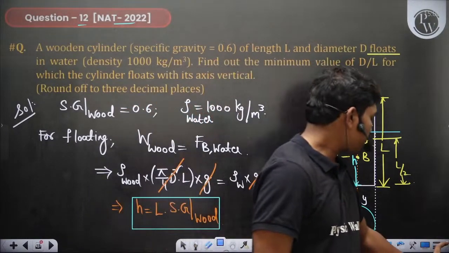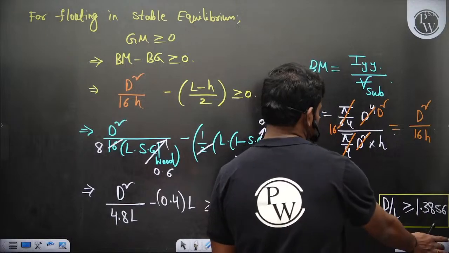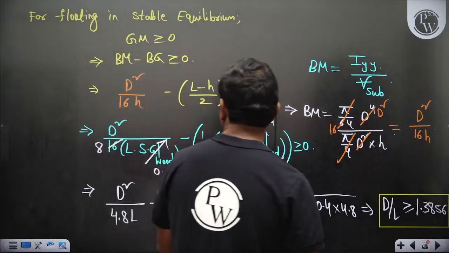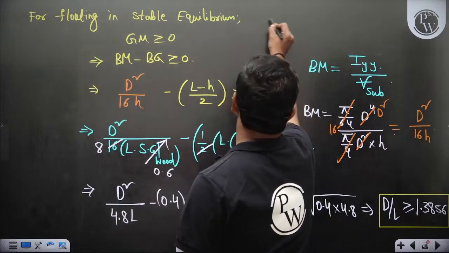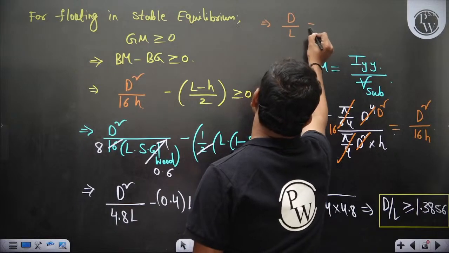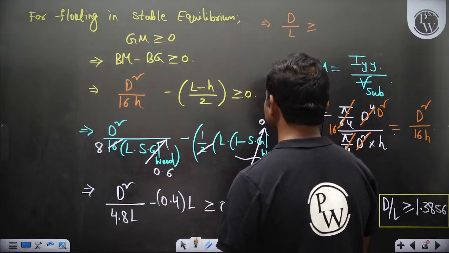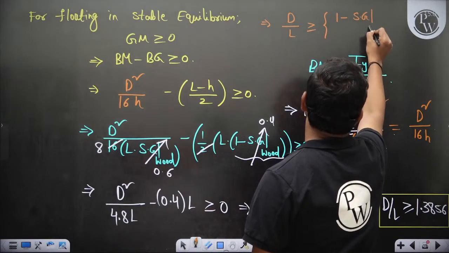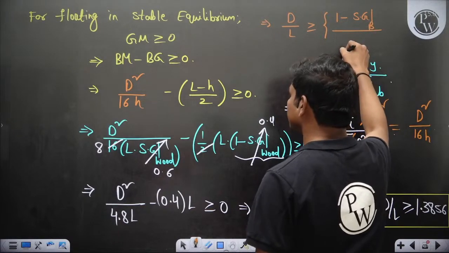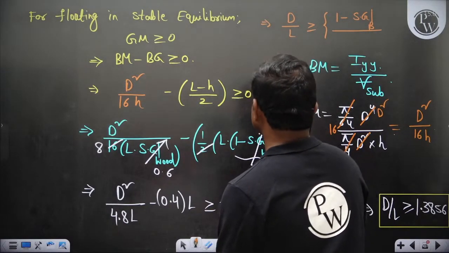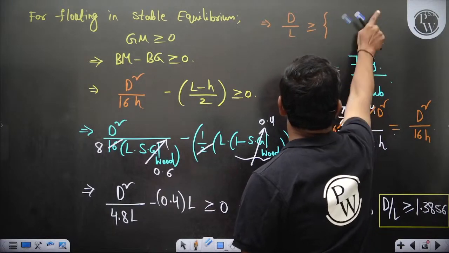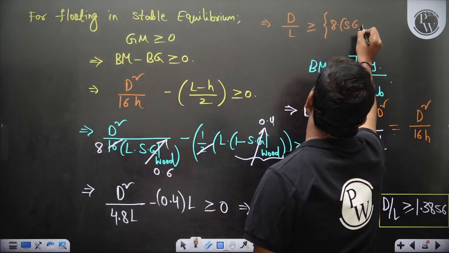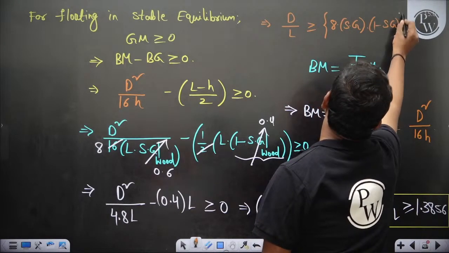Good. Now let's move to the next question. Normally, when you remember the formula up to here, I can also give you one small thing. For wooden cylinders, d by L is greater than or equal to 1 minus the specific gravity of the body which is floating, divided by the specific gravity of the body, which is square root of 8 times Sg into (1 minus Sg), this whole to the power half.